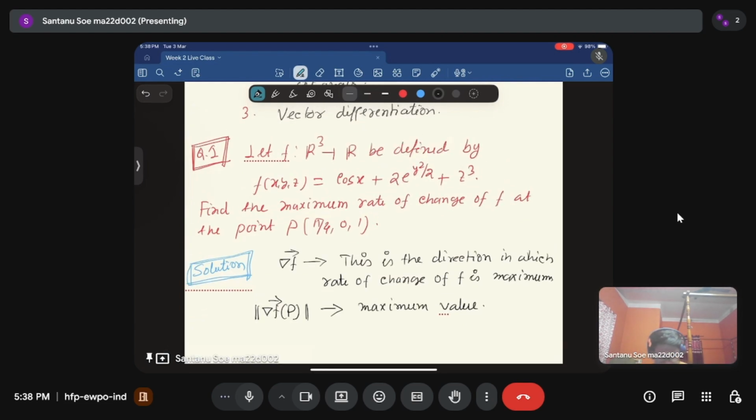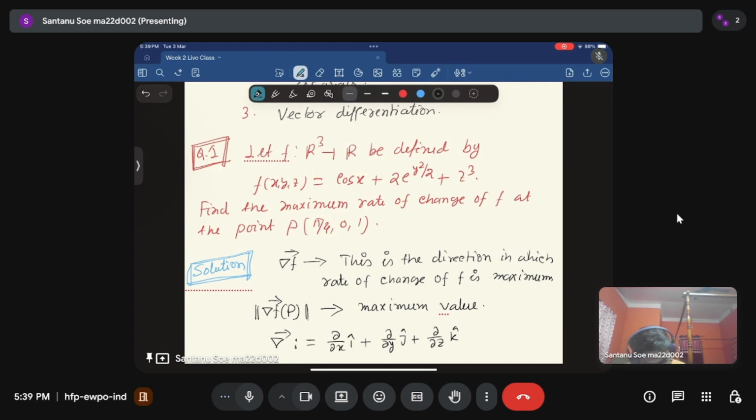Here the gradient operator is defined like this. This is a vector function, defined as del x of i cap plus del y of j cap plus del z of k cap.